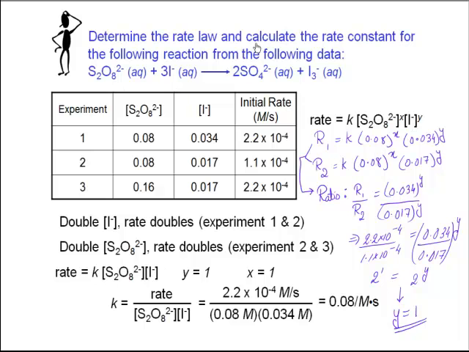The question demands that we also calculate the rate constant for the reaction. Now once we know the order, we automatically know the rate law expression, and since we know the rate of the reaction in experiment number 1, which is 2.24 into 10 to the power minus 4, and since we know the concentration of both the reactants, we can rearrange this particular equation to calculate the value of rate constant.